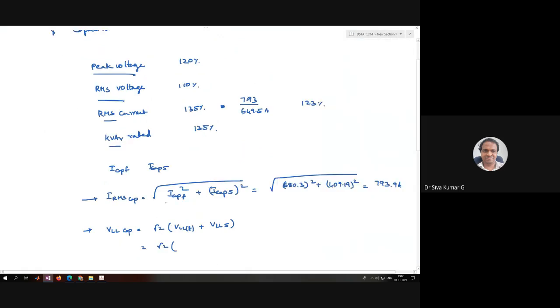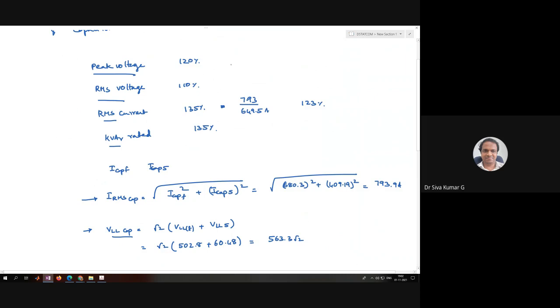So 502.8 plus 60.48. These are the RMS values of the individual fundamental as well as fifth harmonic. We are computing the capacitor peak value, which we get here. It is 563.3 into root 2 volts.